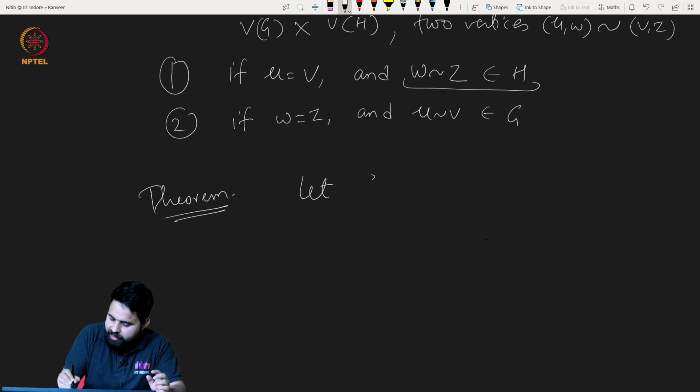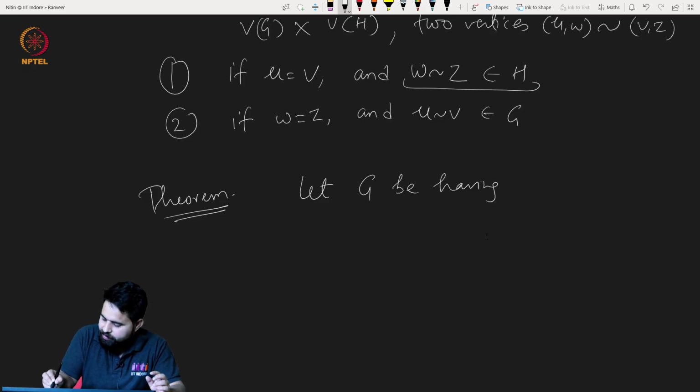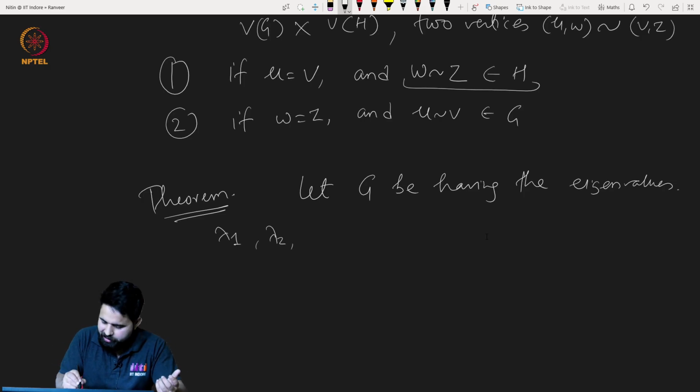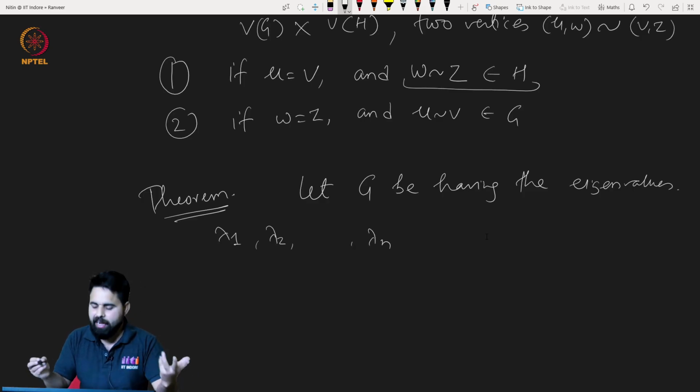The theorem is this: let G have the eigenvalues lambda 1, lambda 2, up to lambda n, where the ordering doesn't matter here, so suppose there are n vertices.